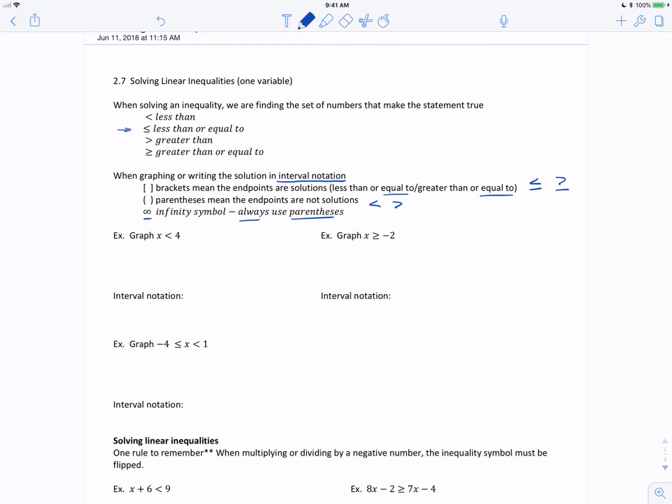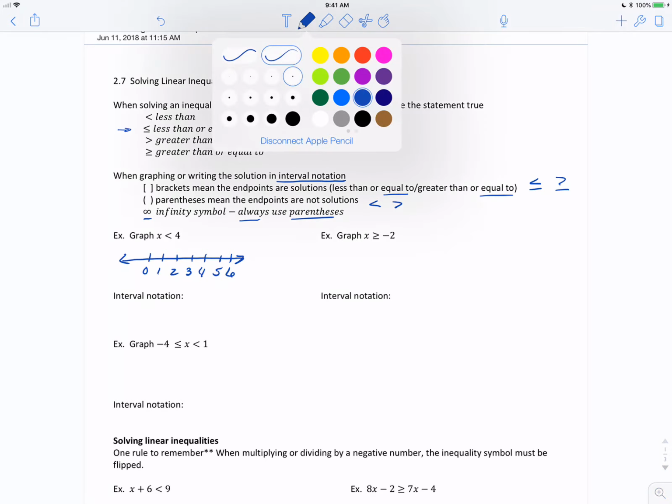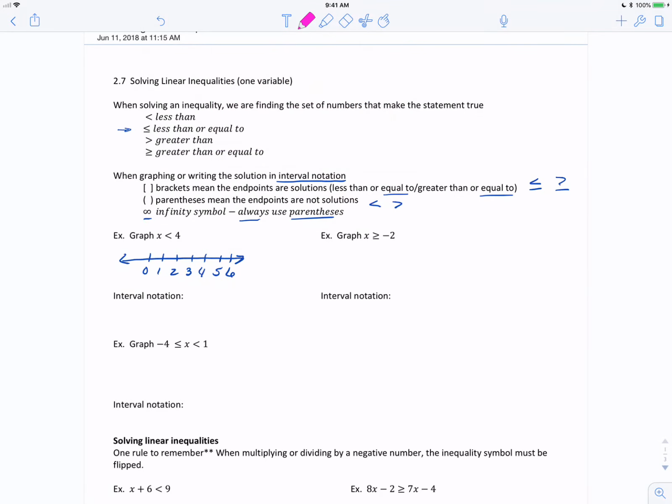So we're going to graph x is less than 4. So here's my number line. Here is 0, 1, 2, 3, 4, 5, 6, whatever. So we're going to say it's less than 4. So 4 is sort of our key point here, but it's less than that.